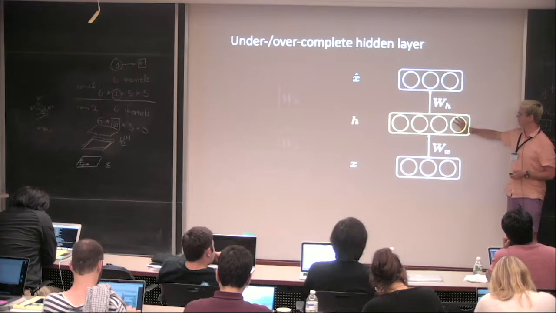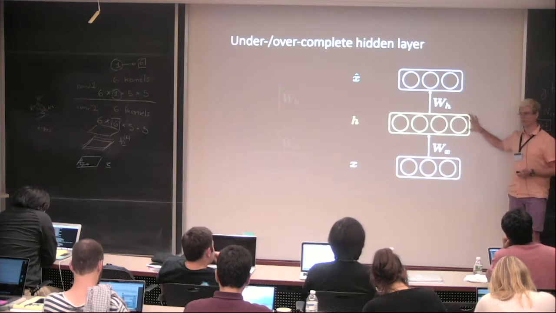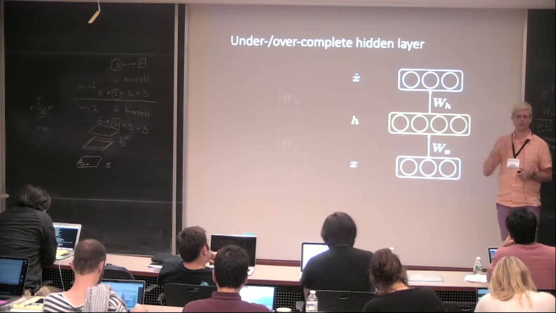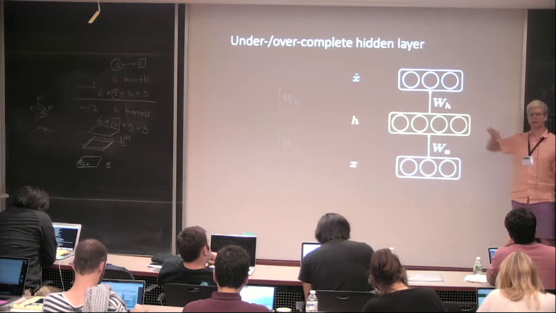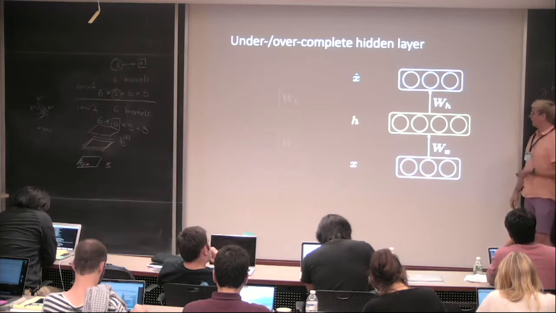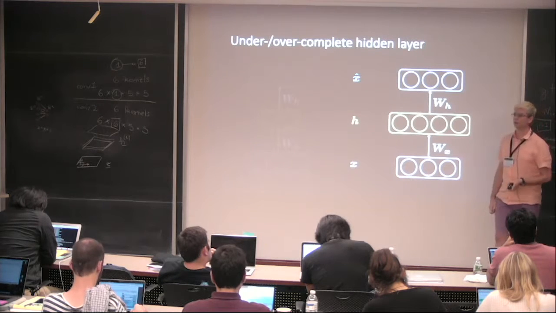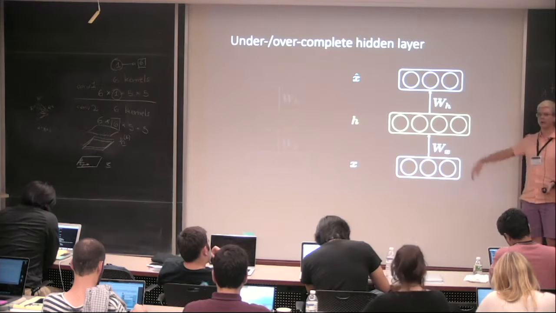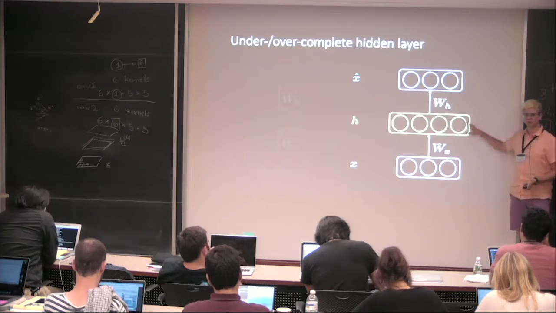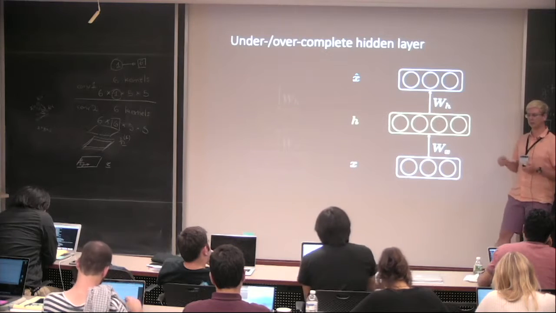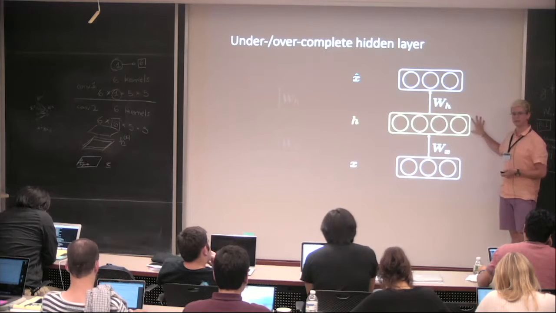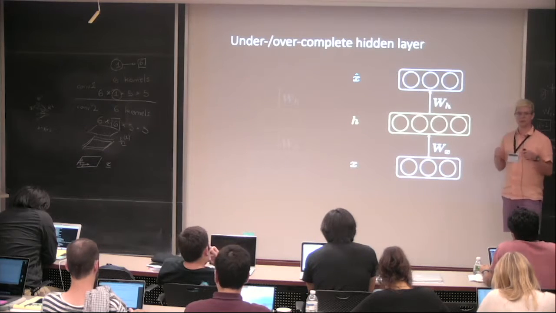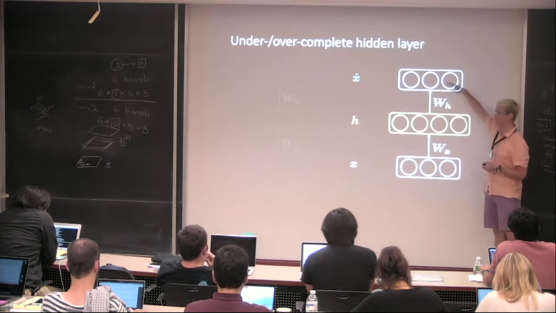Therefore, it's better to use a larger representation in the middle, because by having larger dimensionality, you can, as we have seen in the first lesson, push things around in an easier way. Other options are, for example, a contractive autoencoder or a variational autoencoder, where you have sampling from a distribution. All those techniques are introducing some kind of constraint over the hidden representation. Although it is larger than the input, it has some constraint over just copying the information through.